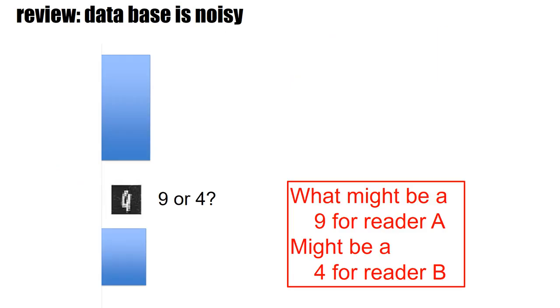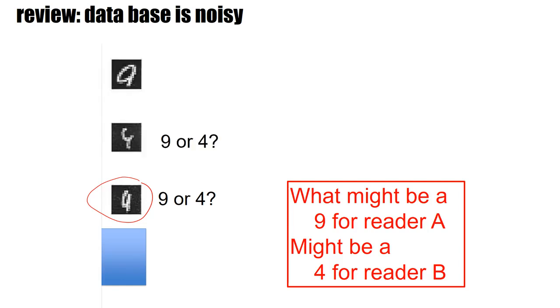The specific example here, well, what is it? Is it a 9? Is it a 4? Well, or this one here, is it a 9 or a 4? Well, what might be a 9 for reader A might be a 4 for reader B. The people who wrote these digits said to all of these, yes, this is a 9.